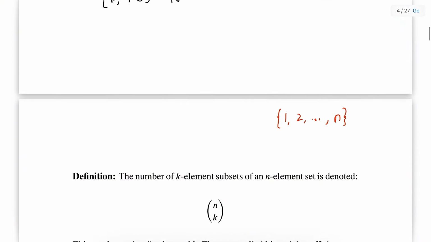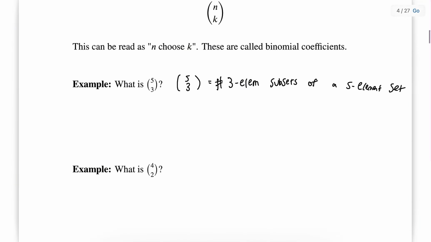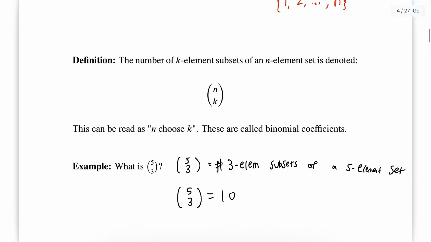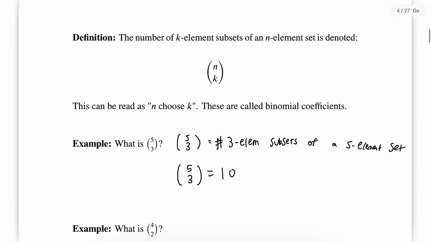Okay, but what did we just do up here, right? The number of 3-element subsets of a 5-element set, it's 10. So 5 choose 3 is 10. Okay. So that's our first binomial coefficient that we have computed. It's far from the simplest binomial coefficient you can compute. It's also definitely far from the most complicated.